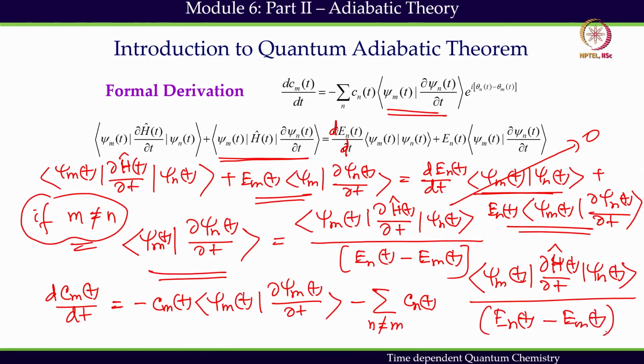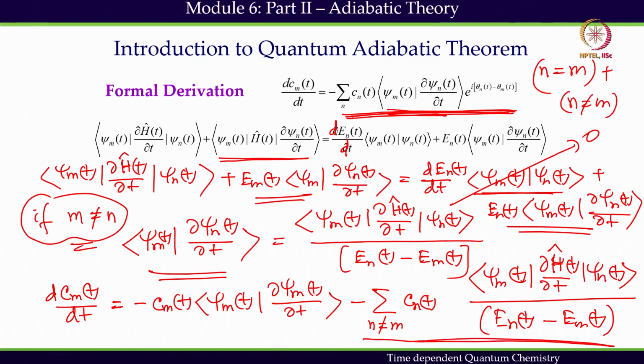So what we have done, this entire summation we have divided into two parts. One part for n equals m, another part for n not equals m. For n not equals m, we have written this entire part.